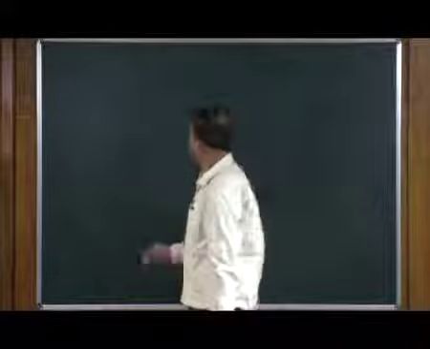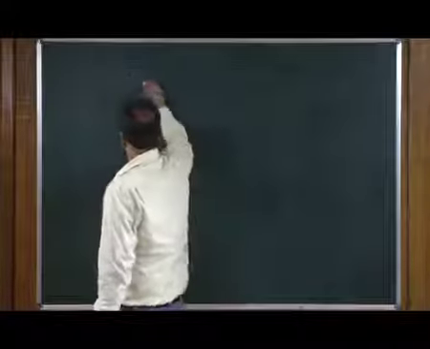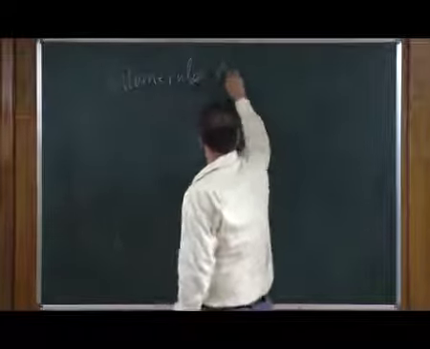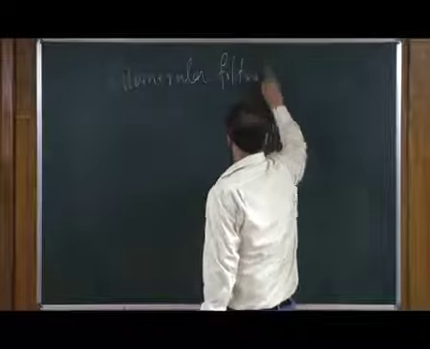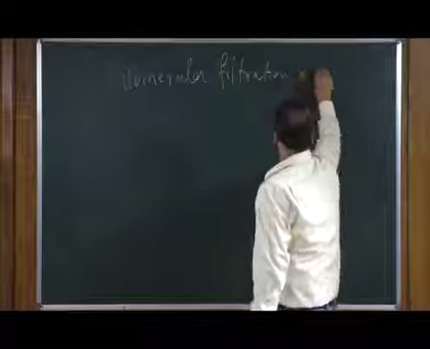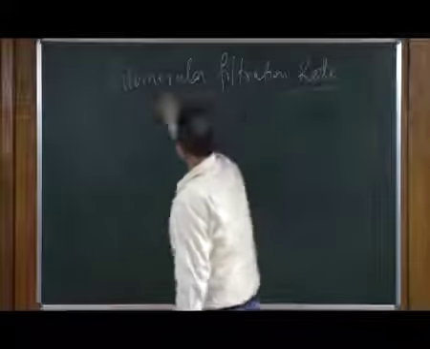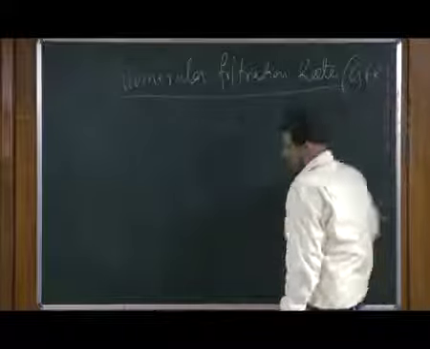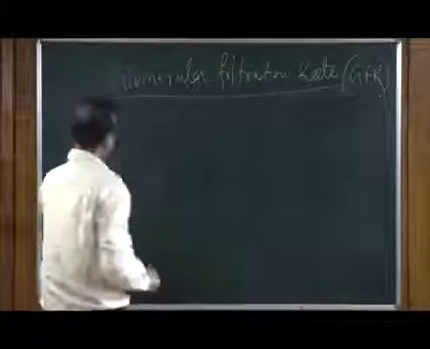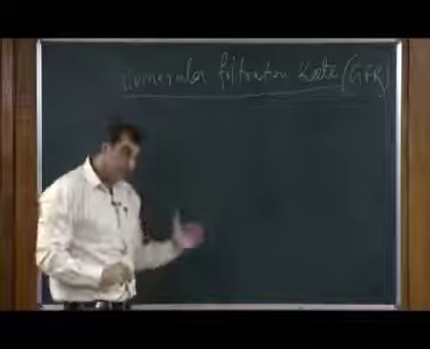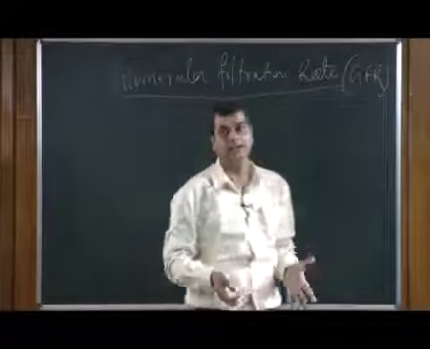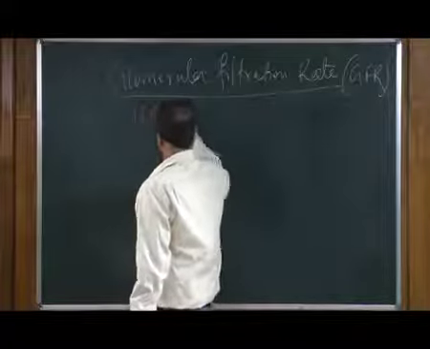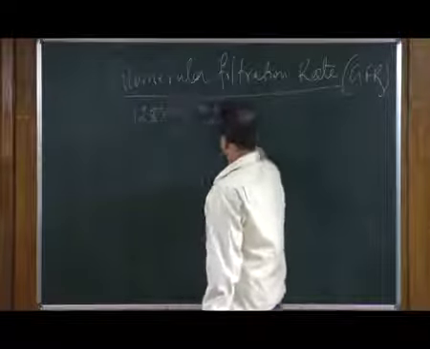So what we are discussing is glomerular filtration rate. In short, it is called GFR. Glomerular filtration rate in a normal healthy person is approximately 125 ml per minute.